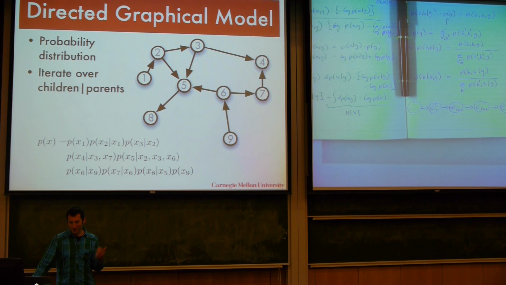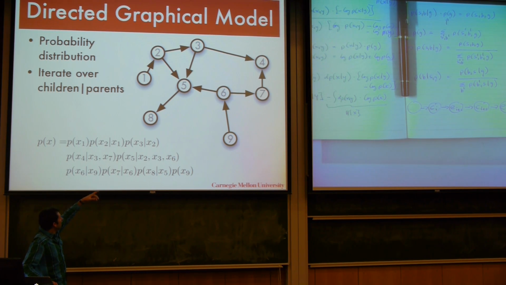Okay. But for a directed graphical model, we have some graph of what depends on what. And then all you do is write out the joint probability distribution by saying the child depends on its parents. That's exactly what I did below here. Vertex 1 doesn't depend on anything else, so you just have P of x1. Vertex 2 depends on 1, so you have P of x2 given x1.